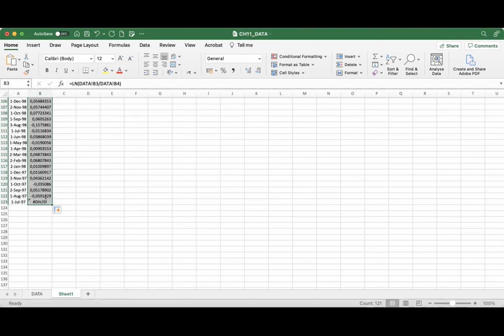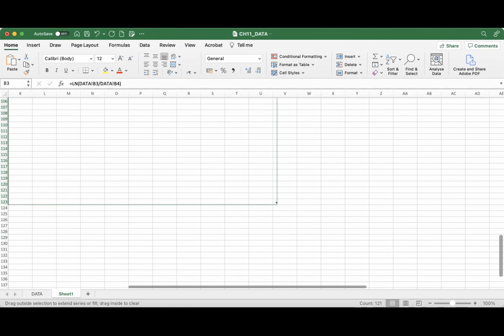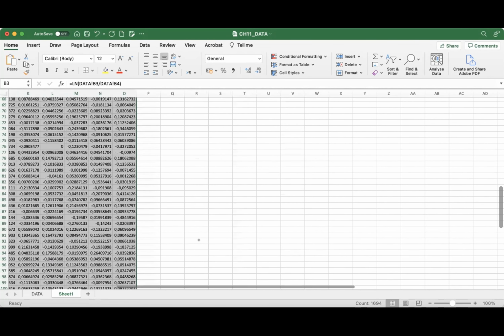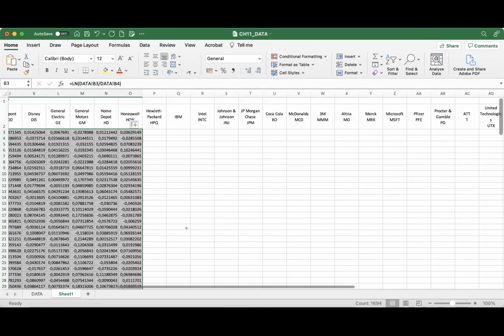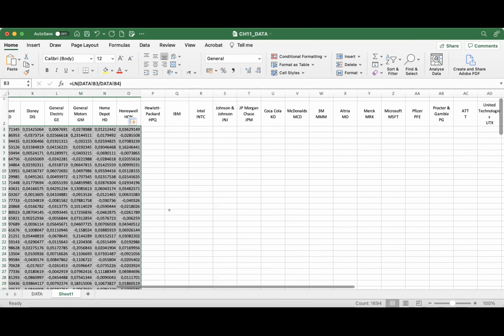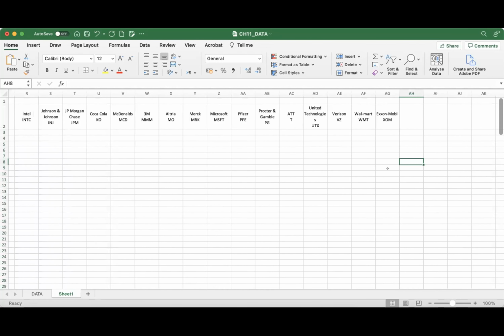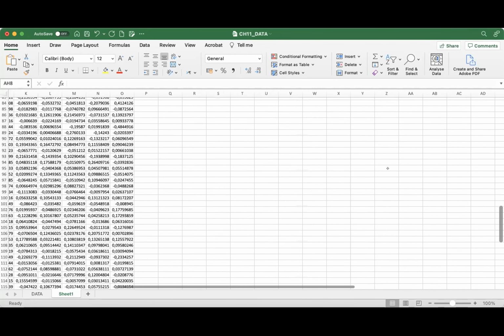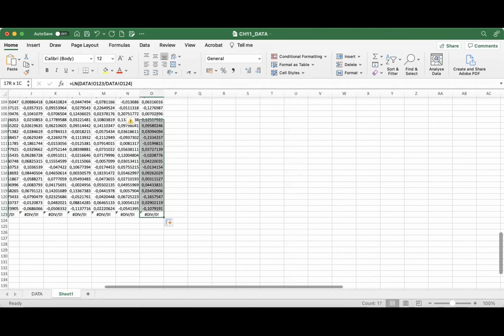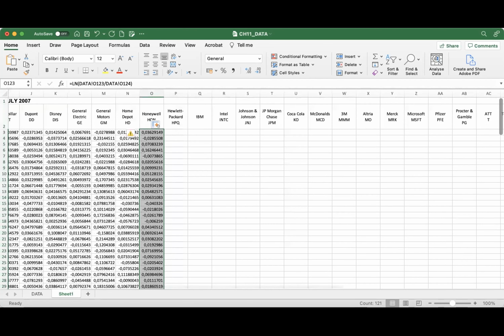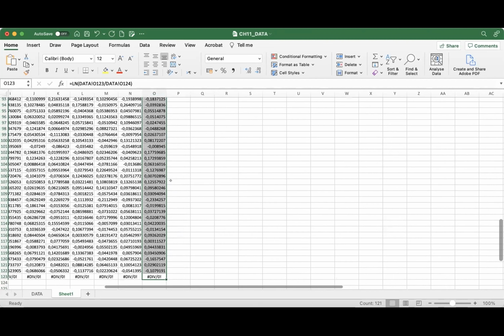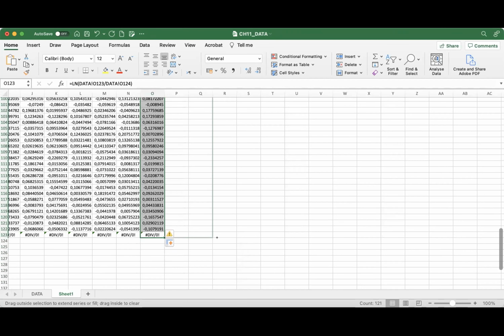Then we click on the right corner and, sorry, still we don't reach. And we go until the cell AG. Select it all until AG.